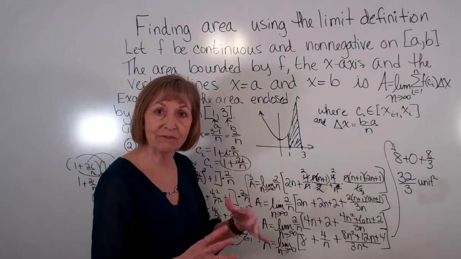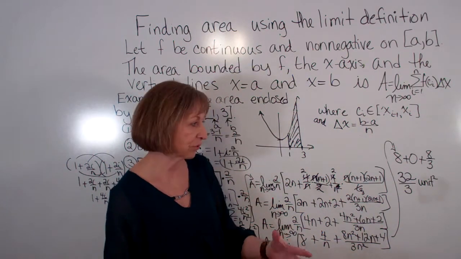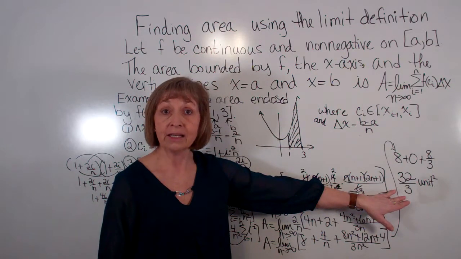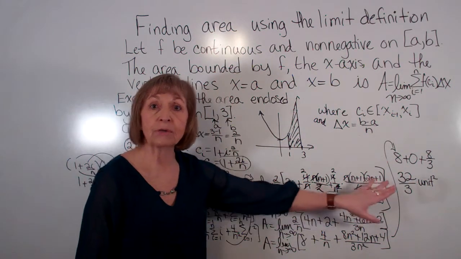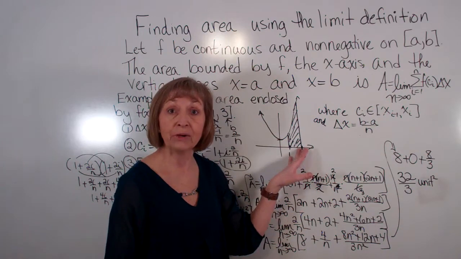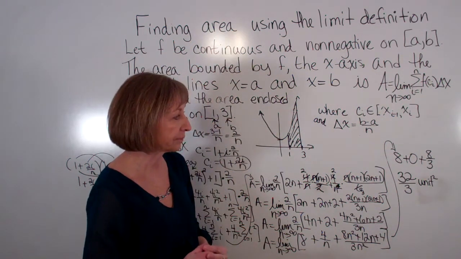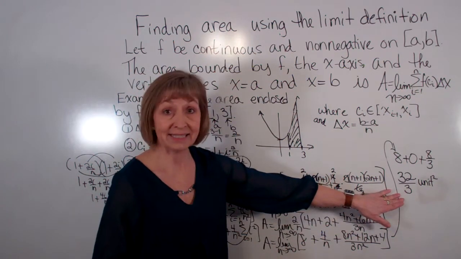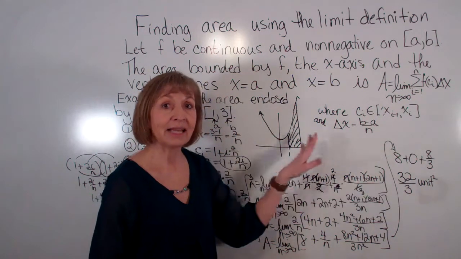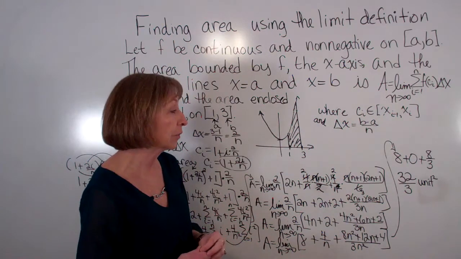You could see if you have a reasonable answer or not for your area, and if you did all of this work right, by actually comparing it with your enclosed region and seeing that you're in the ballpark. So this would give me the exact area, and then counting the square units enclosed by it would give me my approximate area.